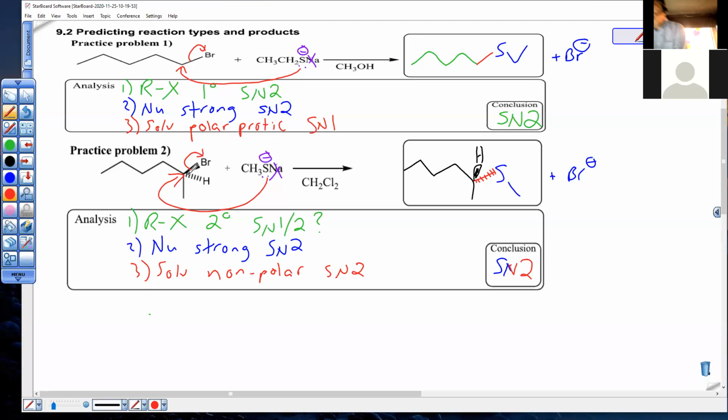Used to be S. Now it's not S, therefore it's R. And that's the end of those two. Let's see what happens in problems 3 and 4, shall we?